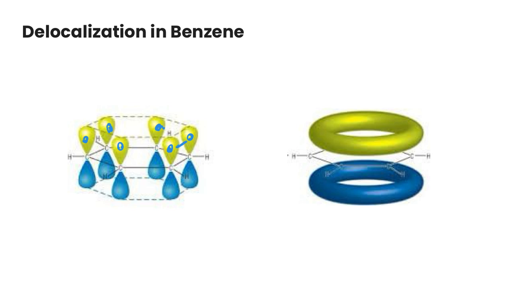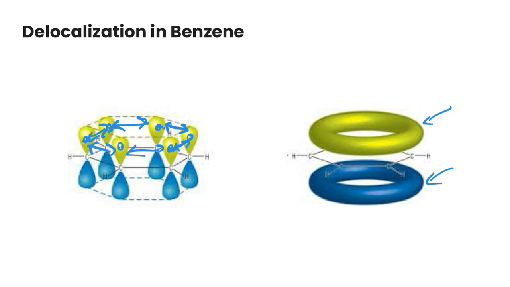And so those 6 p orbitals can do side-to-side overlap with each other. When they do that, they share those 6 electrons equally amongst all of those different p orbitals. And it creates almost like a donut ring of electron density above and below the plane of the molecule.